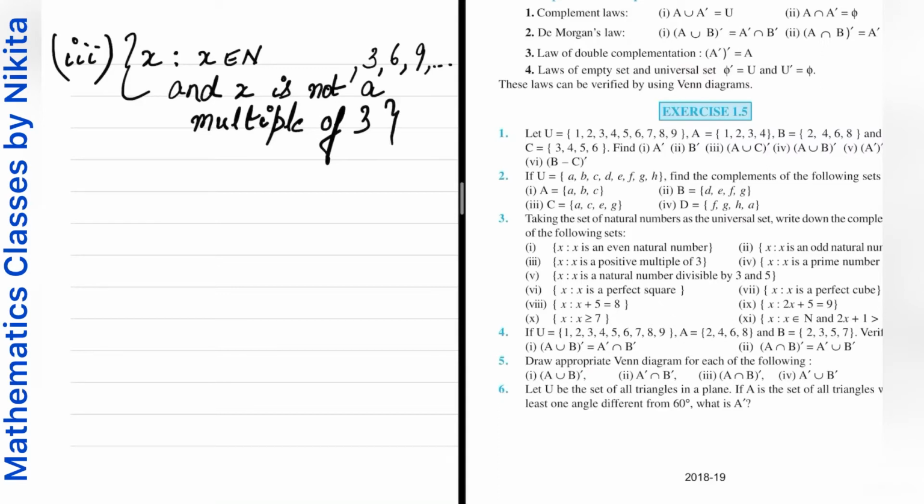So this is how you will write. So all those x such that x belongs to n and x is not a multiple of 3. In fact, you can also use the word that x is not a multiple of 3, तो आपको x belongs to natural numbers तो लिखना ही पड़ेगा, ठीक है.